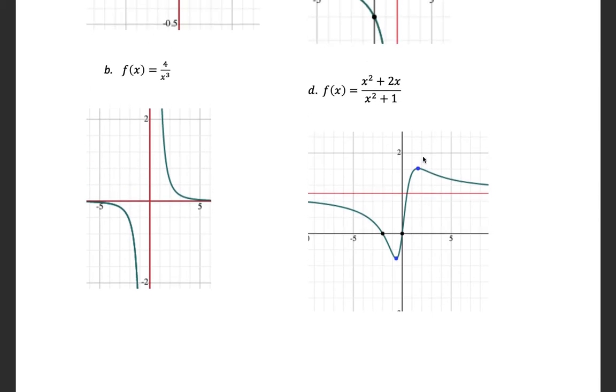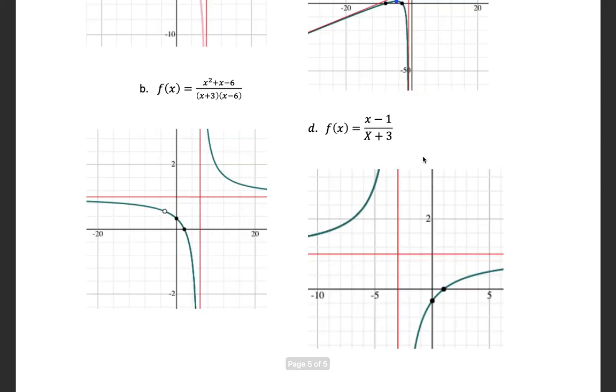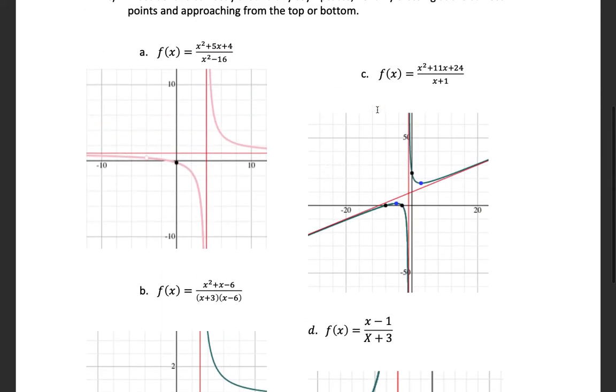Just to show you an oblique asymptote, let me go to this slide. In this question we have an oblique asymptote. So see, x squared plus 11x plus 24 divided by x plus 1. As you can see, the power is 2 in the numerator and 1 in the denominator. So basically the higher power is in our numerator, and in the denominator we have the lower power.